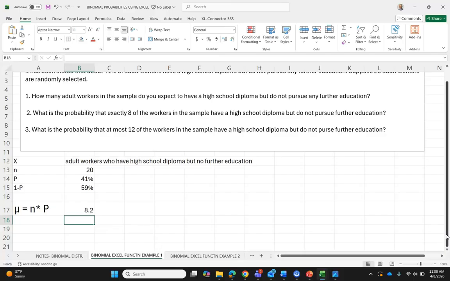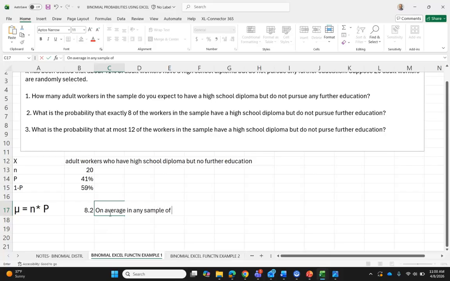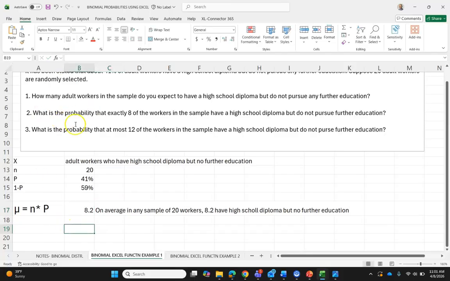So we can write here, conclusion. We can say that on average, in any sample of 20 workers, we have 8.2 who have a high school diploma but no further education. So that's the answer to the first question.